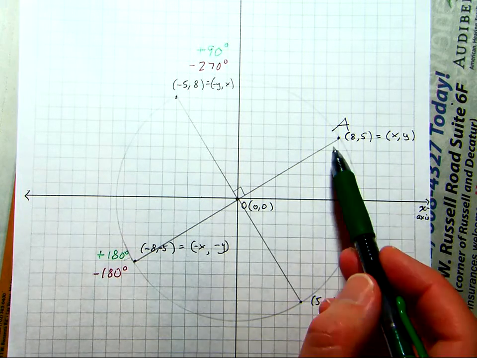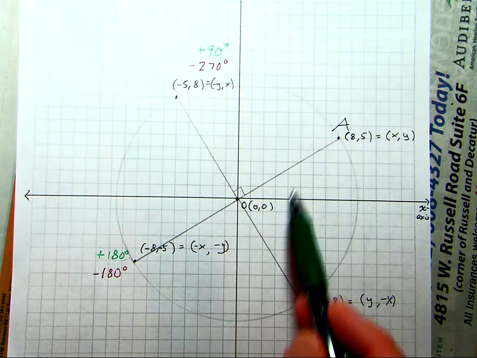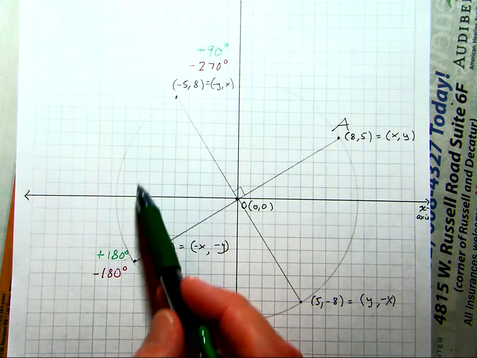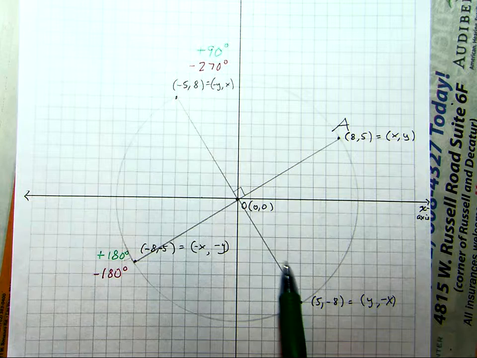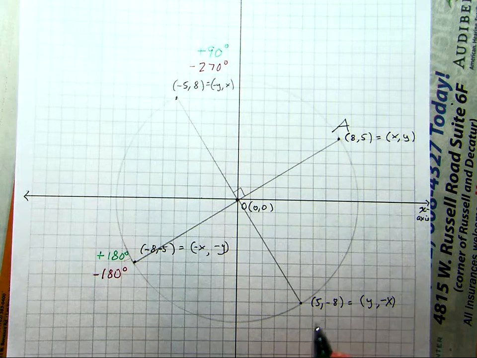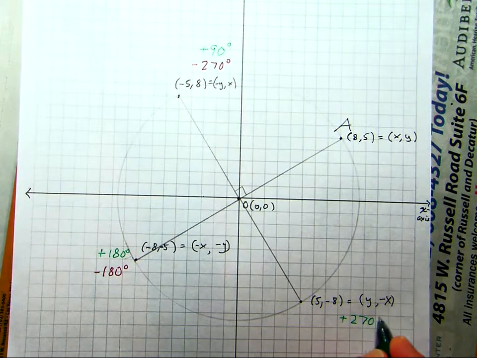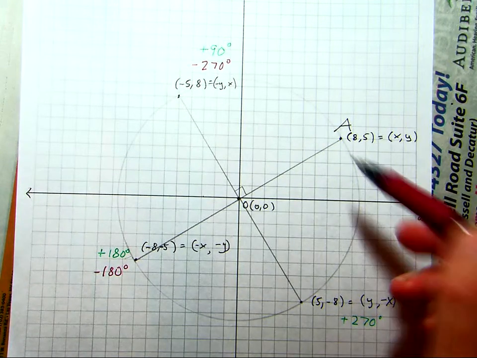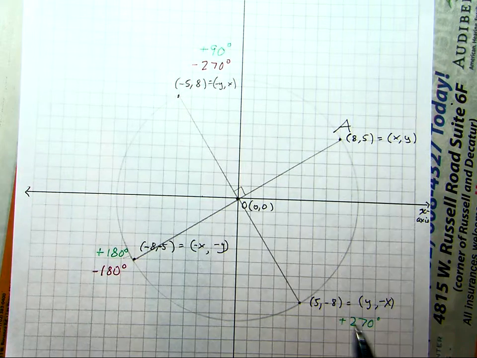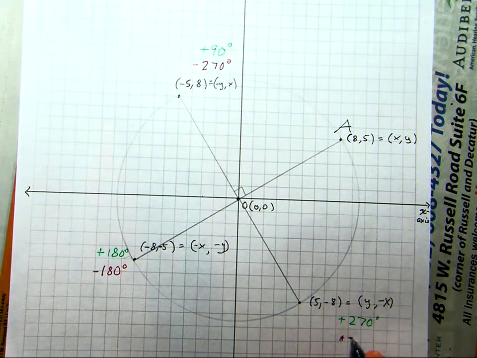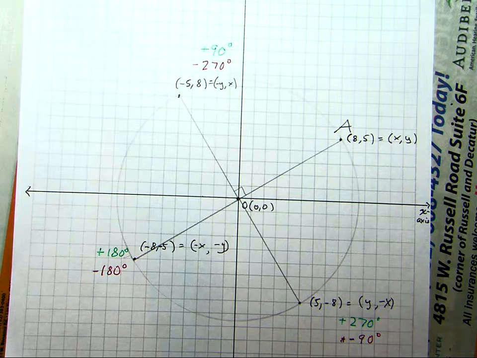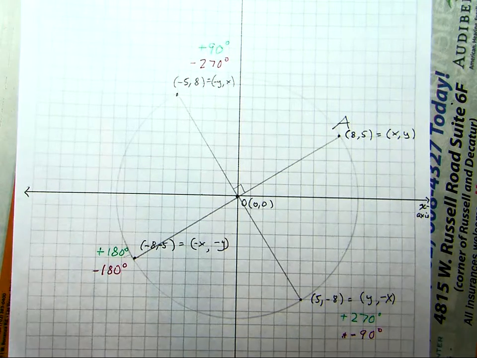And our last rotation that we're going to look at is going 3/4 of the way around a circle to this point here, so we would call this a positive 270 degree rotation, or it's also 90 degrees clockwise from point A, so it would be a negative 90 degree rotation. They're almost synonyms, okay?